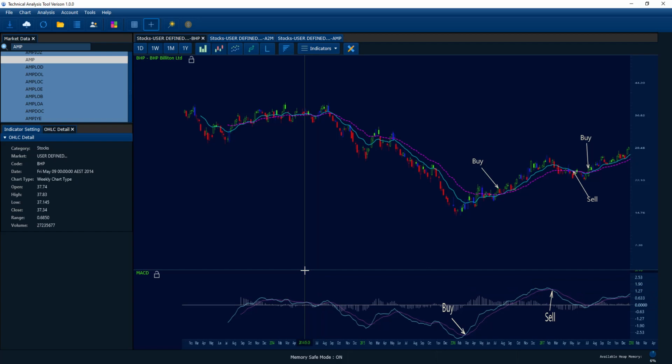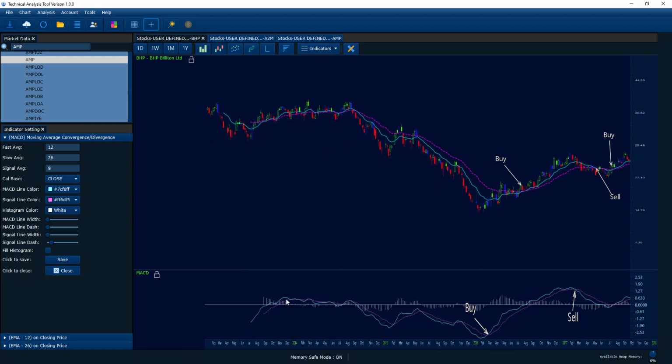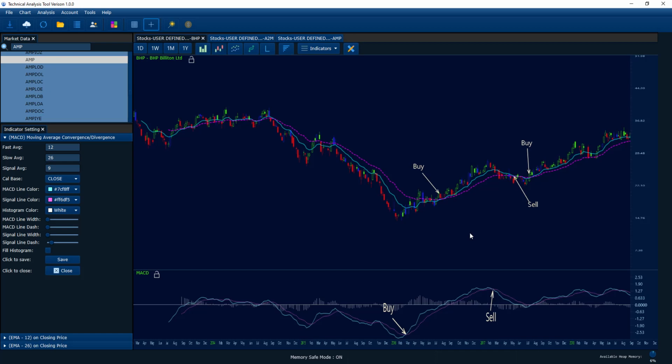It doesn't tell you exactly when the trend will reverse. It just shows you this might happen sometime in the future. So you need to use another method to time your sell or buy action yourself. So that's another usage of this MACD indicator.